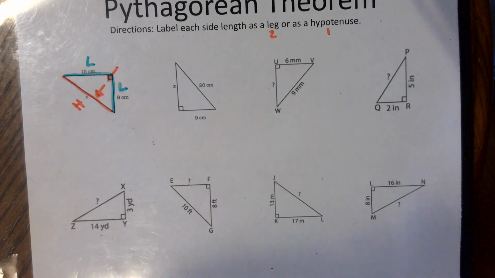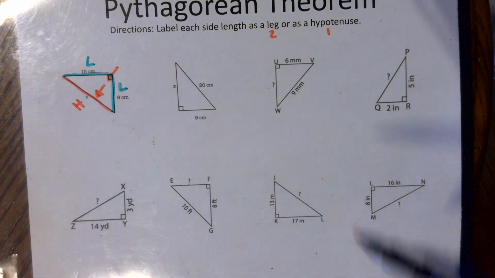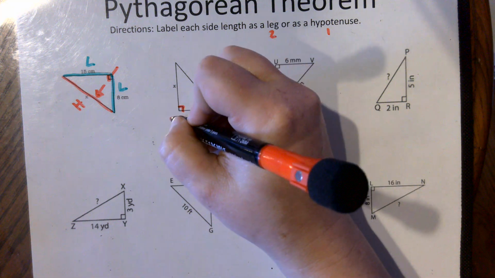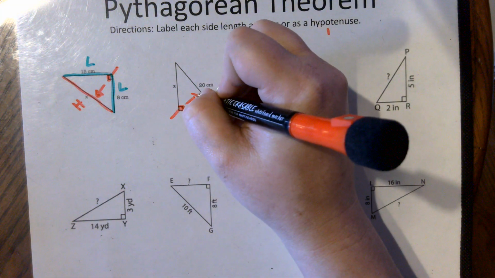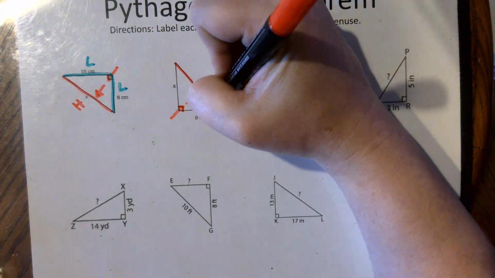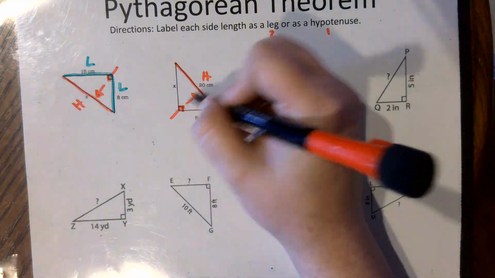We'll do one more together, and then your teacher will hit pause, and you can do the other 6. So once again, here's our right angle. There is our arrow pointing to the right angle saying, hey, it is across from me. Meaning this is our hypotenuse. Sorry, it is pointing to the hypotenuse.